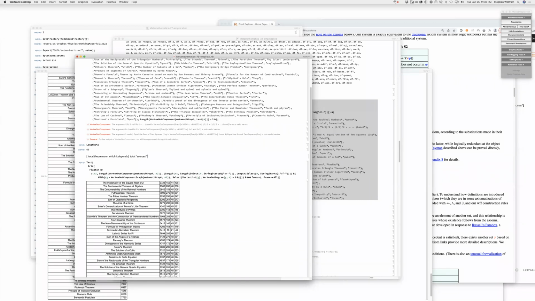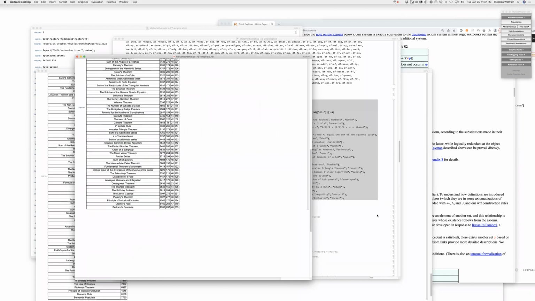Then the next one is total distinct axioms. Then the next one is total distinct definitions, right?